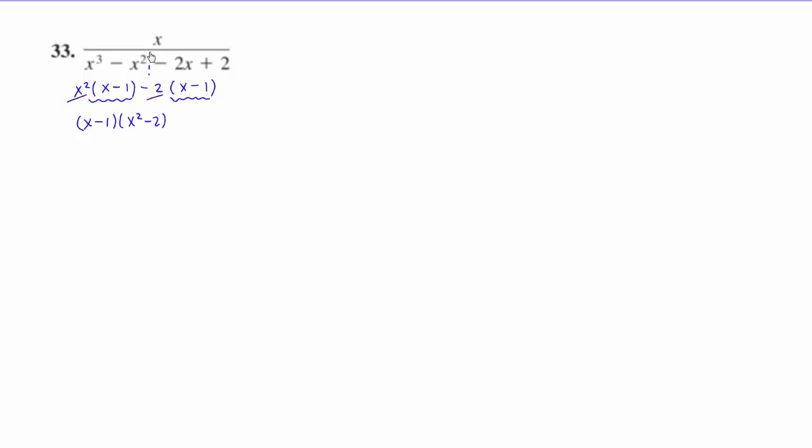So that gives us 2 partial fractions, one with a denominator of x minus 1. That fraction's linear in degree, so the undetermined coefficient is a constant. And the next fraction has a denominator of x squared minus 2, which is quadratic and won't factor. So the coefficient is bx plus c.